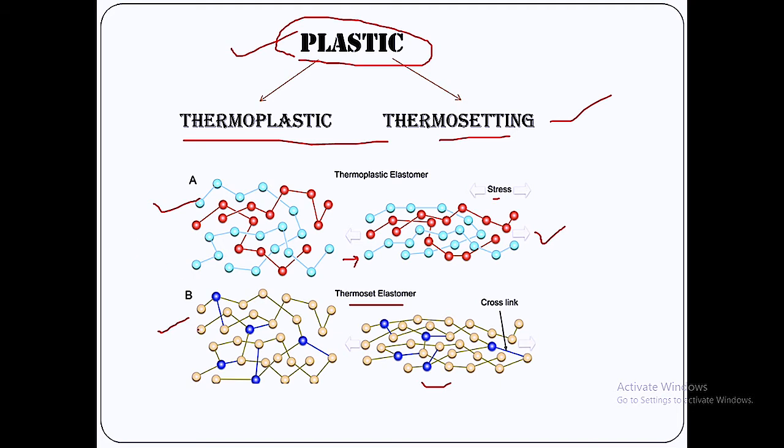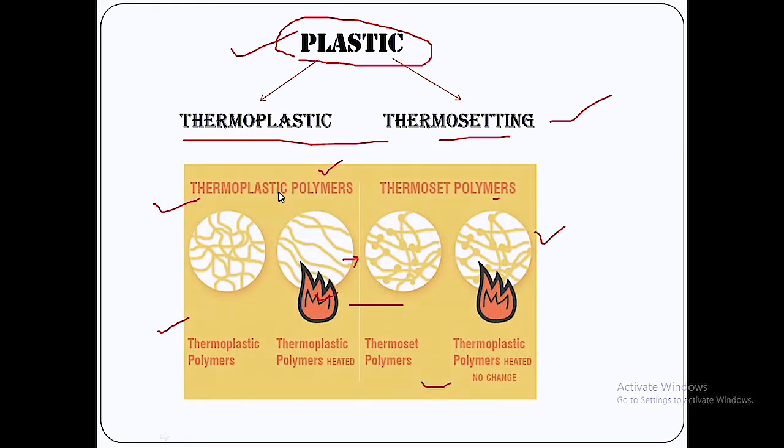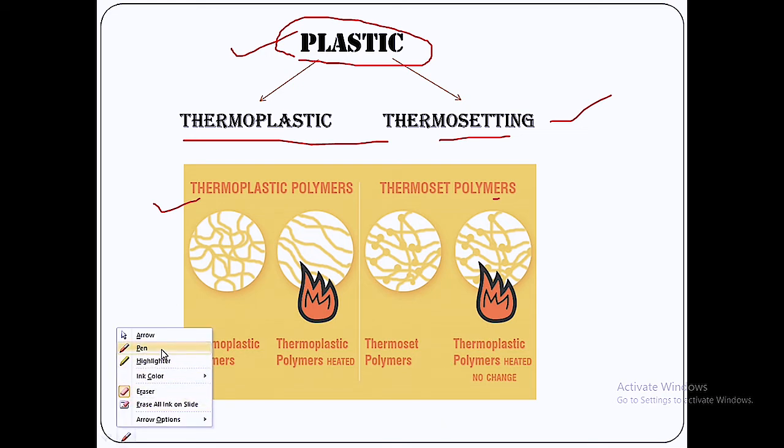So that's why we can say that thermoset elastomer is a permanent kind and thermoplastic is of a transient type, and the thermoplastic one is basically interconvertible. So we can see the difference clearly between the thermoplastic and the thermoset.